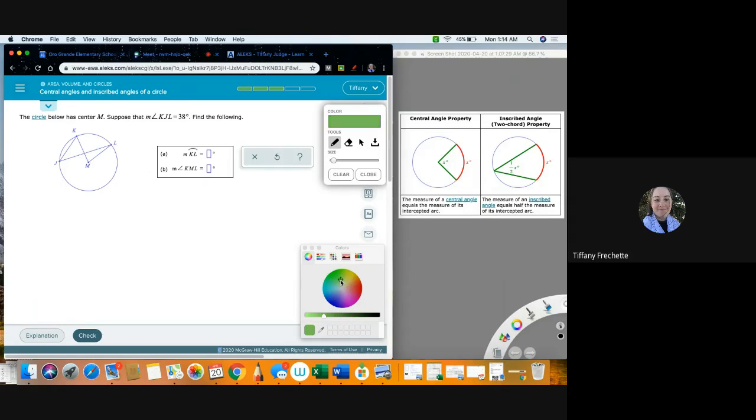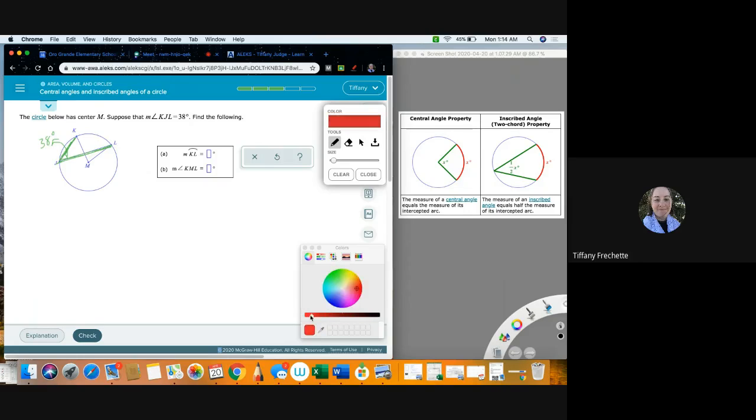Okay, so now let's go. We'll go with green on this one. So KJL, so this angle here, I'm going to put an arrow out here, is 38 degrees. So remember, here's my angle, KJL, like this.